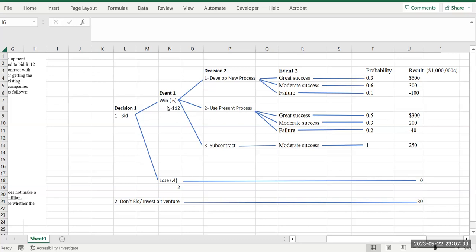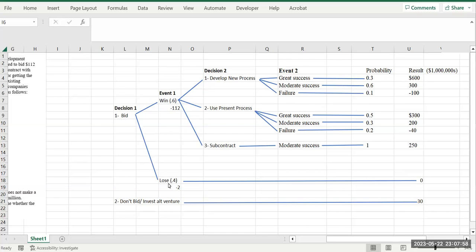If the company wins, which has a probability of 60%, the company is going to spend $112 million, right? And then the profits, the revenues, are going to come later, depending on the method the company uses and the success of the project.